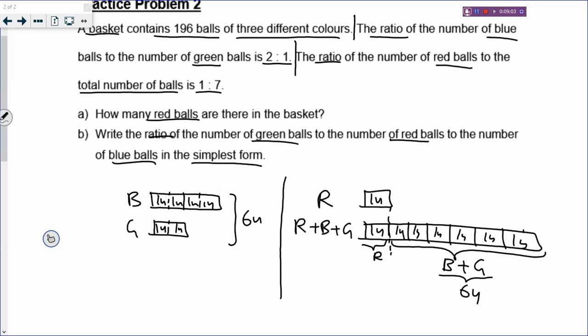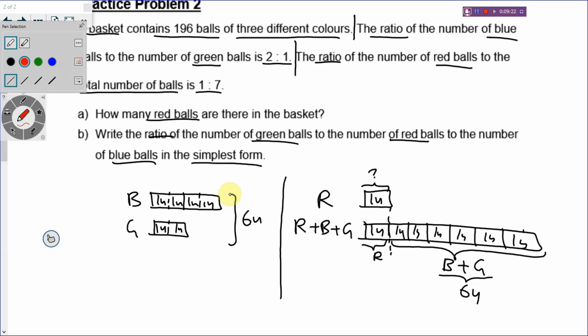Alright, so now can we find how many red balls are there in the basket, which is the question mark here. Now remember the first sentence that we were unable to draw, which is the basket contains 196 balls of different colors. So where do we put 196, which is the total balls? I can put over here, which is all the 3 colors, 196.